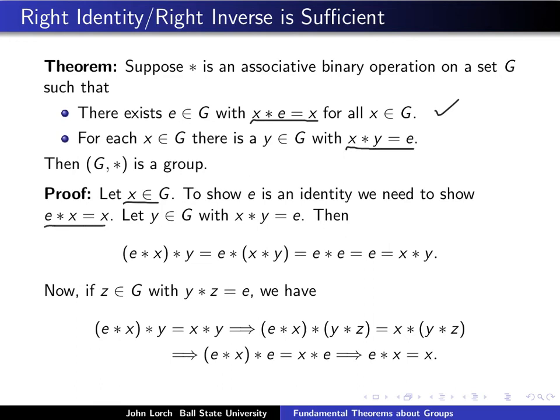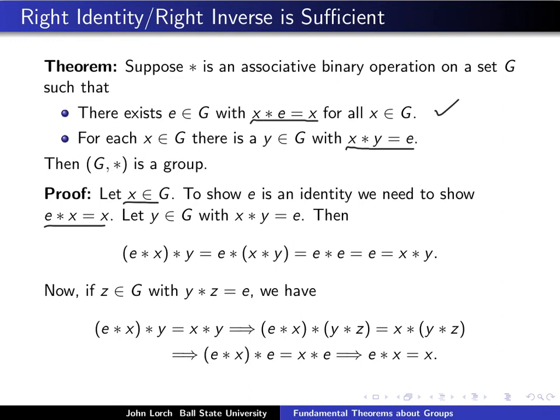So there's a little bit of maneuvering that needs to be done before we can show that. So we know from the second bullet point that our special element x has a right inverse y. So I can pick a y in my group so that x times y equals e.